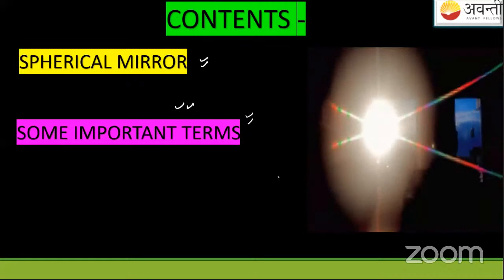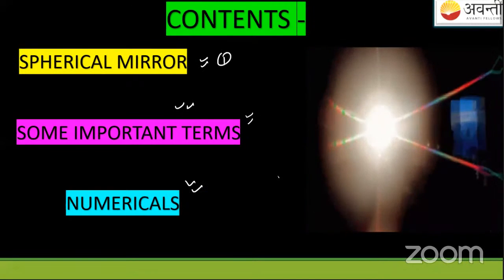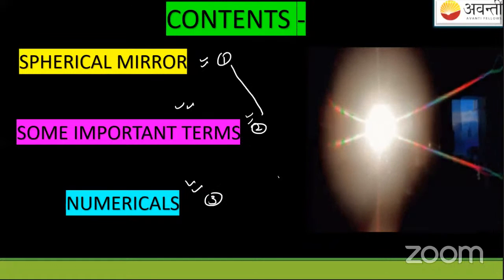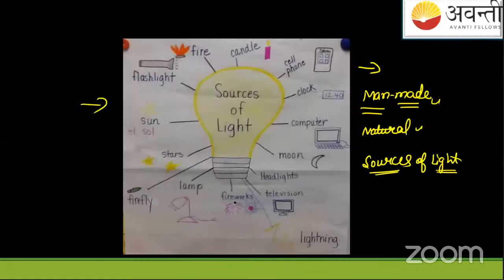And then at last, by using all this knowledge, theory and concepts, we'll apply it to solve numericals. So this from 1, this from 2, this from 3. This is our today's class flowchart, or goals. Got it? Fine. Okay, so let us first see some of the revision part quickly.